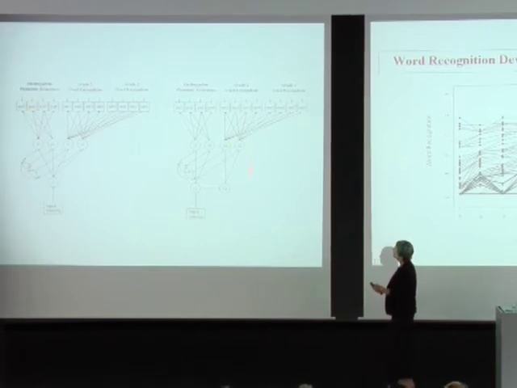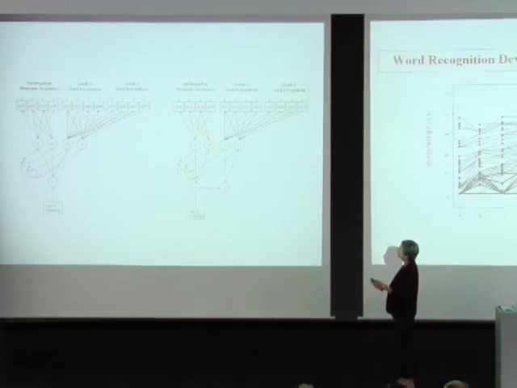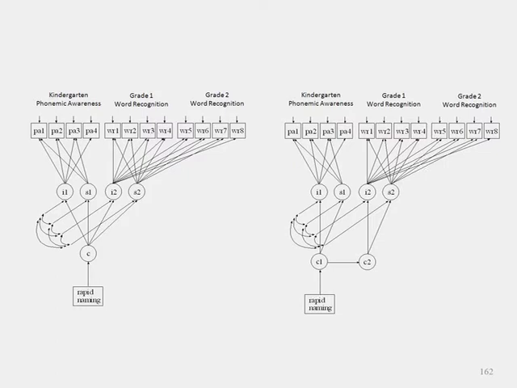The difference between the 2 models is now we have 2 categorical latent variables. We have one categorical latent variable for kindergarten and another categorical latent variable for grades 1 and 2. And so we have included now a latent transition model in this sequential growth process model.